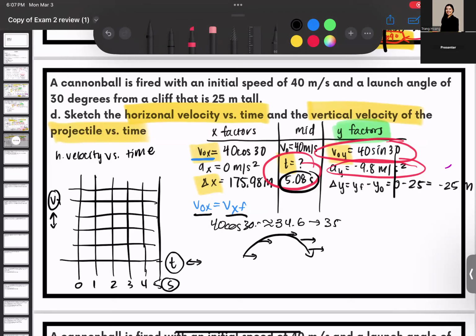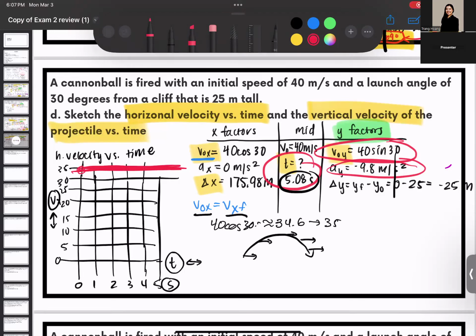You just kind of have to make it make sense, right? So 0, 5, 15, 20, 25, 30, pretend there's lines up here, 35. All you have to do is draw a line right here, making sure it's from 0 to the end, and that is the length of time. That is how you plot the horizontal velocity versus time.